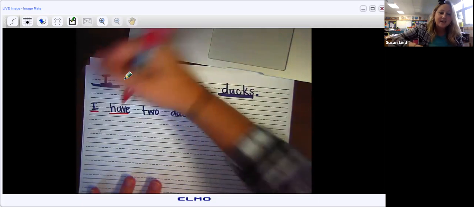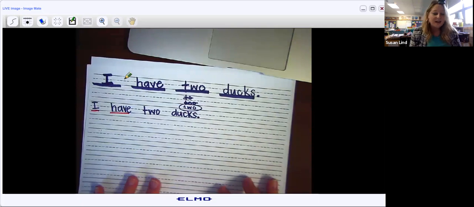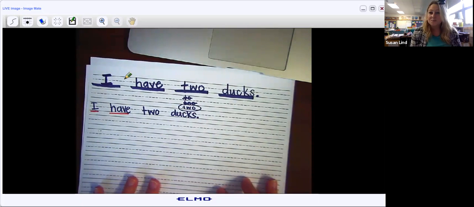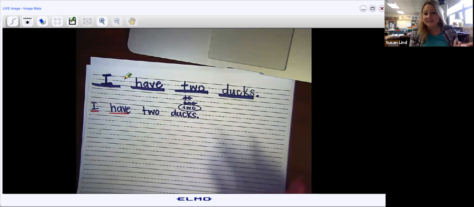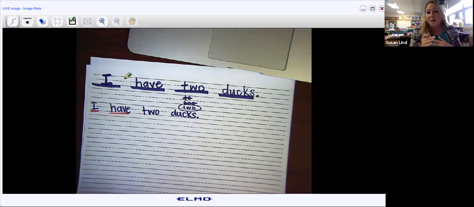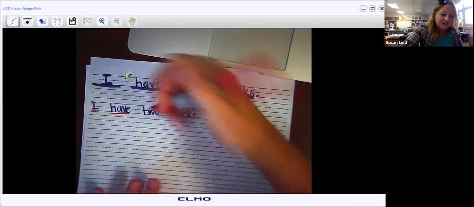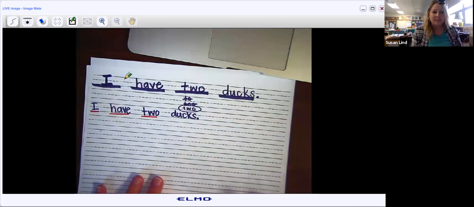You cannot sound out have. It's just not a word that we sound out to figure out. We have to remember it. So have two. If we tried to sound out two, I would go ta-wa-ah or ta-wa-oh, two, and that's not right. So underline it. We got a red word.